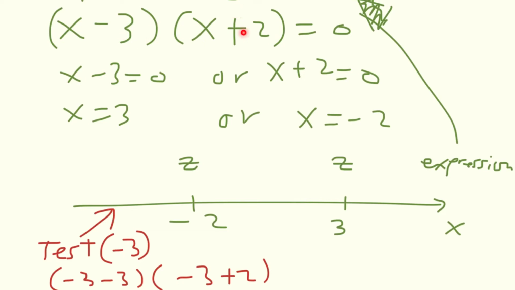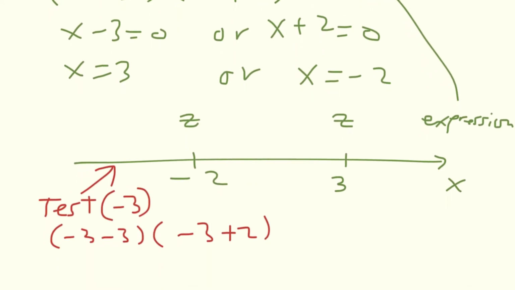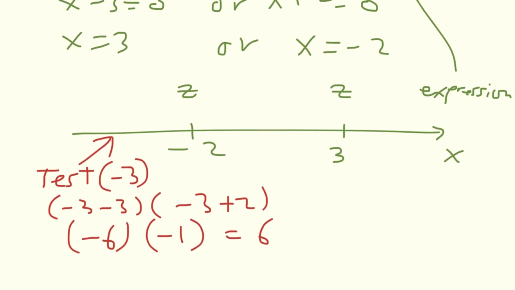This is minus 6, and this is added, by the way, not multiplied. And this is minus 1, right? So minus 6 times minus 1 equals what? Positive, equals 6, which is positive. So if this is positive, then we write a big plus here.